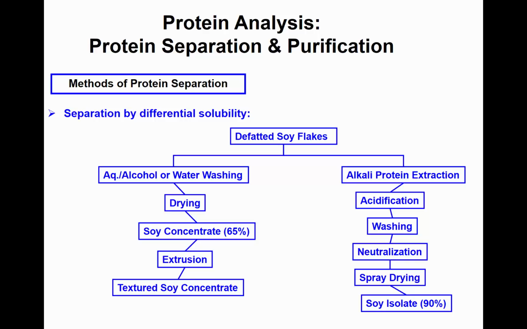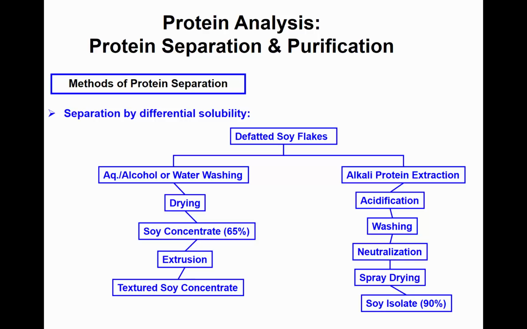You do several washes of that precipitate, discard the supernatant, take the precipitate, wash it, and neutralize it. You do not want to dry when the protein is at its isoelectric point. If you do that, you are denaturing the protein. So you always bring it back to neutral and then dry, and then you end up with a product that's at least 90%, if not more, protein.